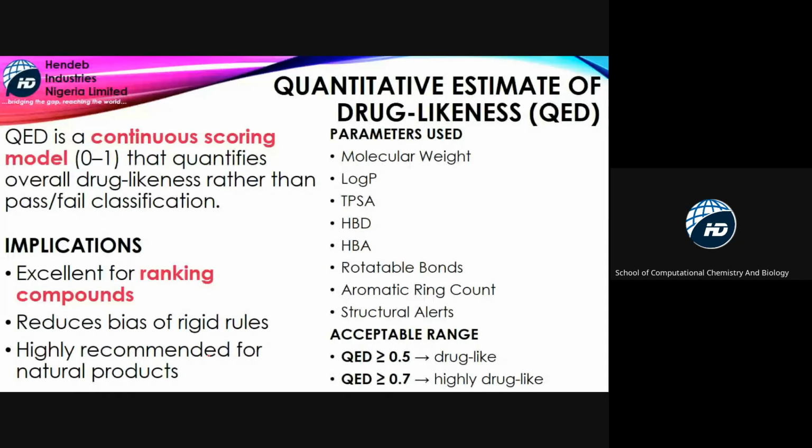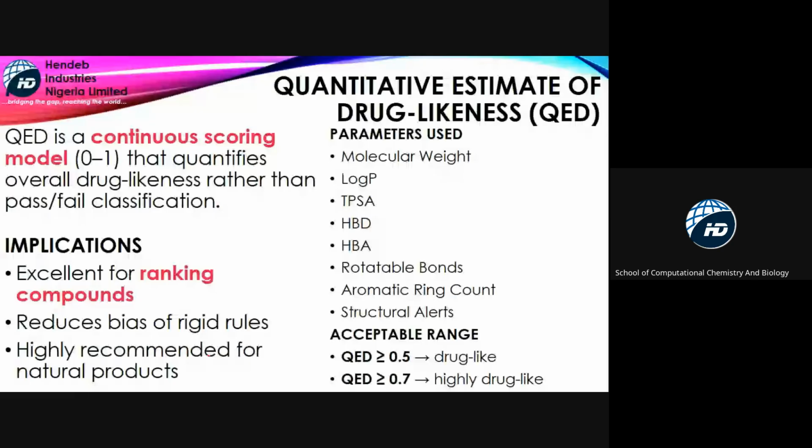So from the QED range, anything 0.5 and above is godlike, just godlike. 0.7 and above is highly godlike. Less than 0.5 is moderate. It has a moderate potential, but yet they were termed as drug-like molecules.